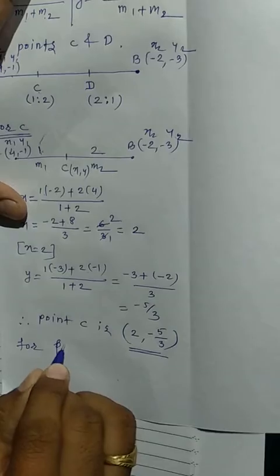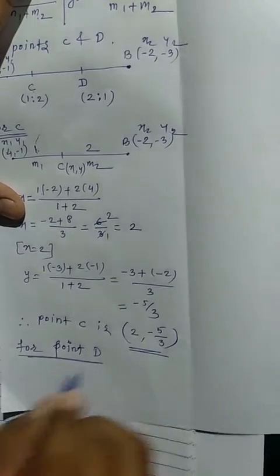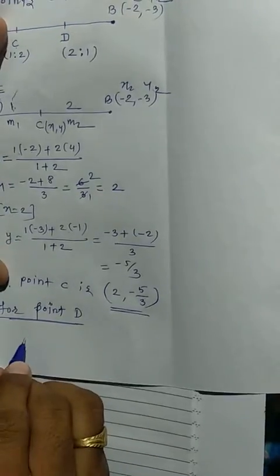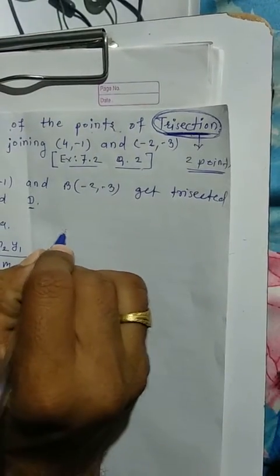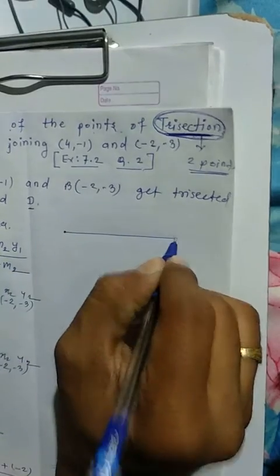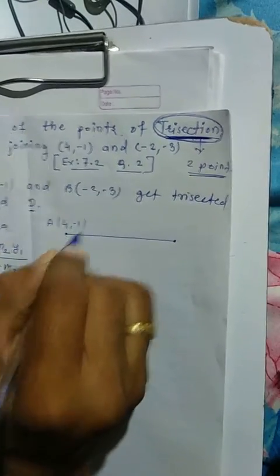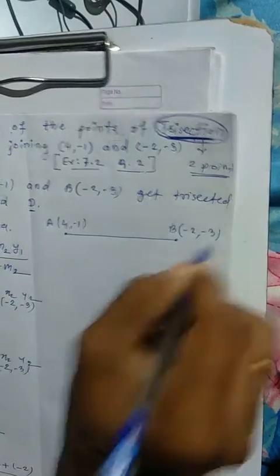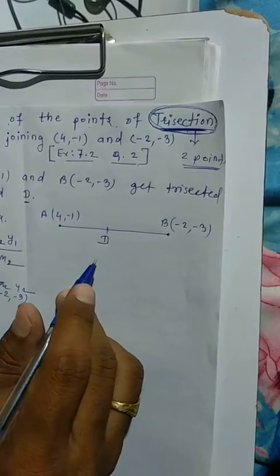Now we'll find out for point D. For point D, again I will draw the diagram. Same here: the coordinates of A are 4, -1, the coordinates of B are -2, -3, and here is point D. Now for point D, what is the ratio?